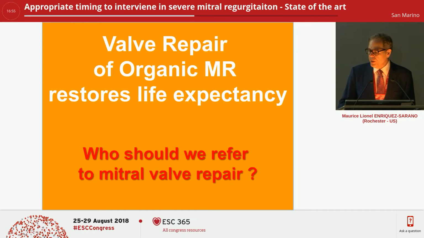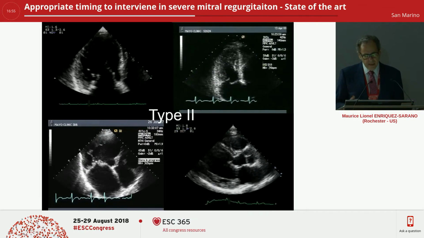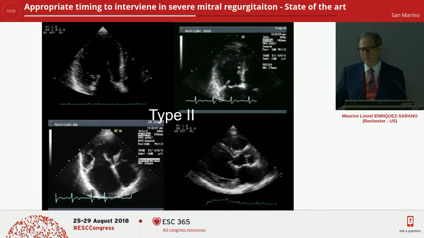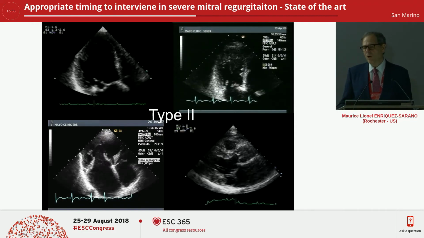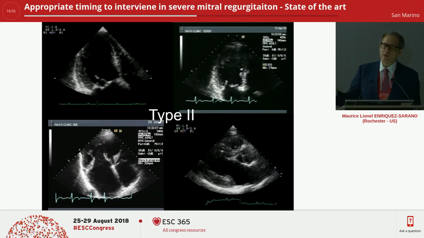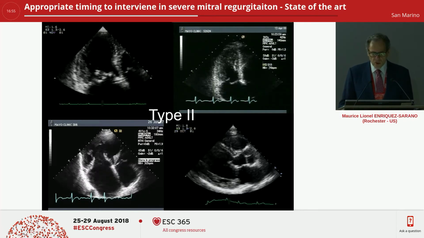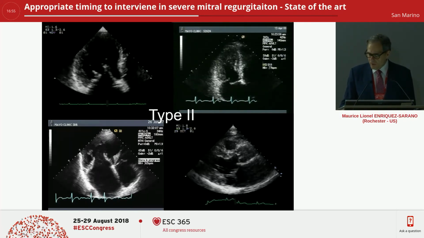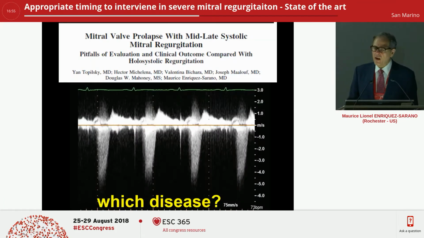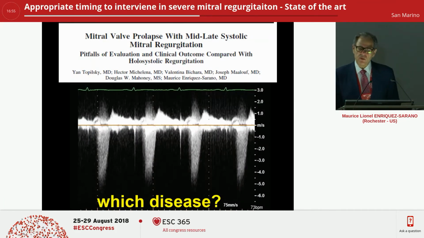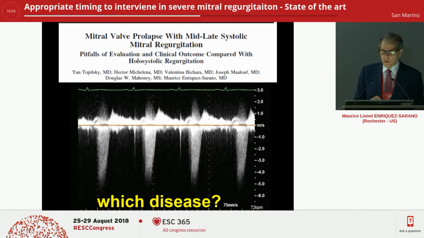So when should we refer the patient? The main indication of valve repair is degenerative MR, which represents approximately 70% of organic mitral valve disease with excessive movement. There are different types of degenerative MR. Now, one group that doesn't need to be referred for valve repair is this one.